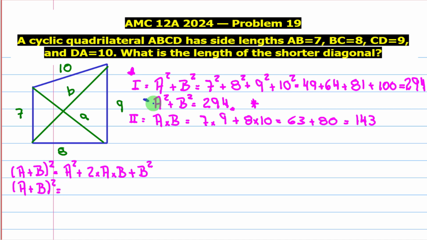A squared plus B squared is 294. So A squared plus B squared, 294, plus 2 times A times B. A times B from the second equation is equal to 143. So now we have (A plus B) squared is equal to 508.